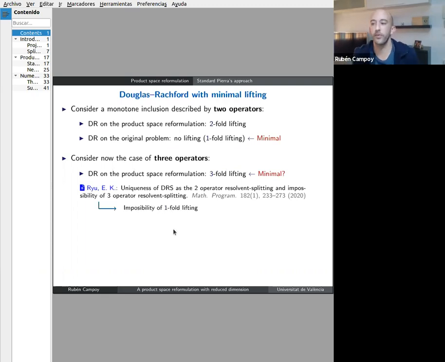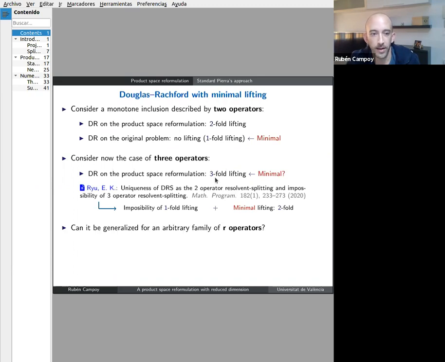So it is impossible to define a Douglas-Rachford algorithm for 3 operators in the original space. We need to move to a higher space. But the minimal lifting is not 3, but only 2. So we can remove one of those sequences in the parallelization of the algorithm. And this was achieved because Ryu provided a new Douglas-Rachford type algorithm with only 2-fold lifting.